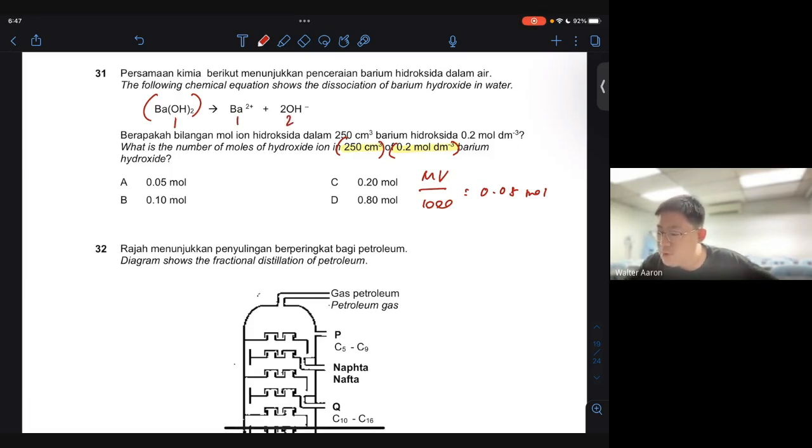Therefore, the number of mole of hydroxide ion over here will be 0.05 times 2, which is 0.1, all right? So the answer here is 0.1, B. Okay, we are comparing in terms of ratio. For every 1 mole of this, you get 2 mole of this. If you work it out correctly, you should be able to understand what I mean.